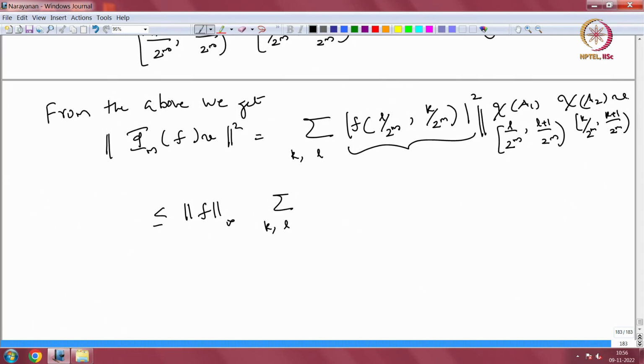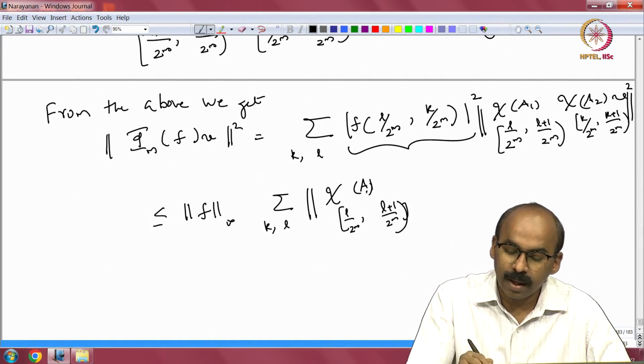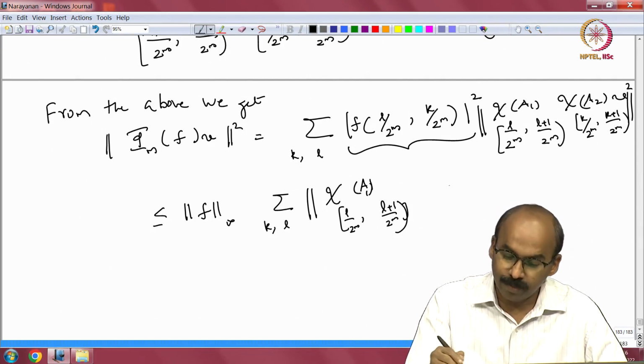So I have a norm square of chi of L by 2 to the m, L plus 1 by 2 to the m, A 1, and similarly for A 2.